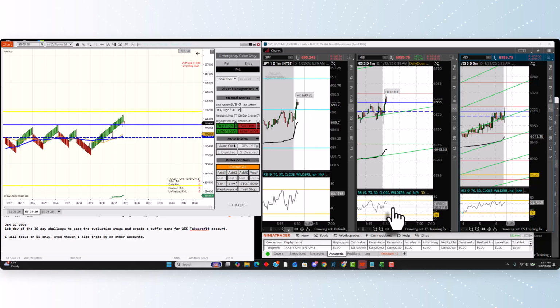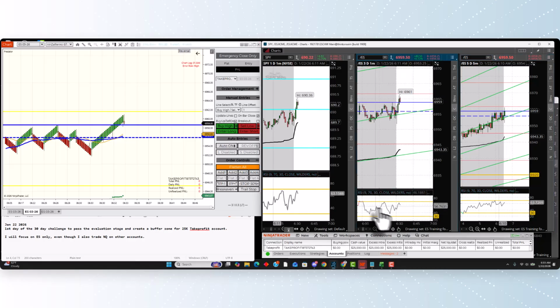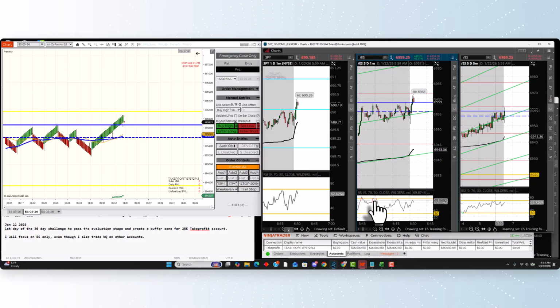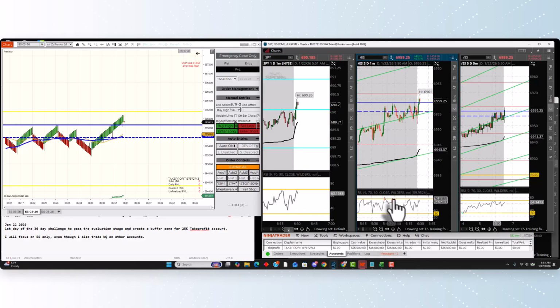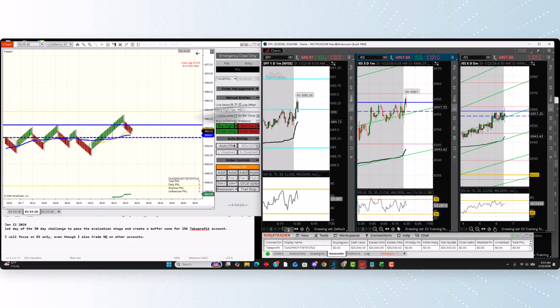On top of that, I also look for a divergence. For example, this one has a small divergence right here. The price is going higher, but RSI is lower than these two here. That's why the market is reversing right there.